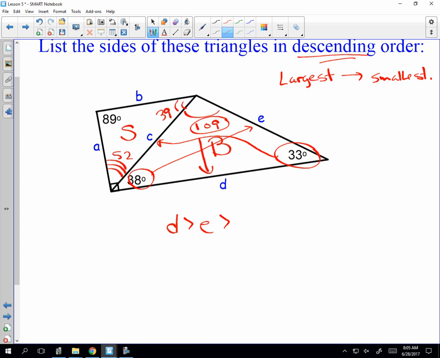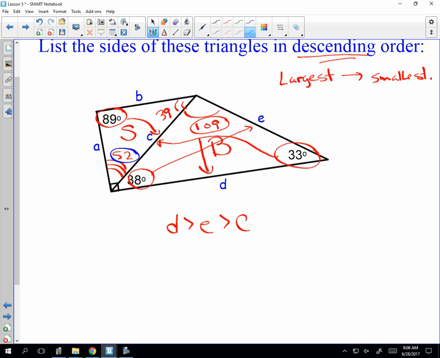It is the smallest side of the big triangle, but if we flip over, we can see that it's the largest side of the small triangle. And then we have to work through our other pieces. We're getting a little busy here, so I'm going to switch colors.